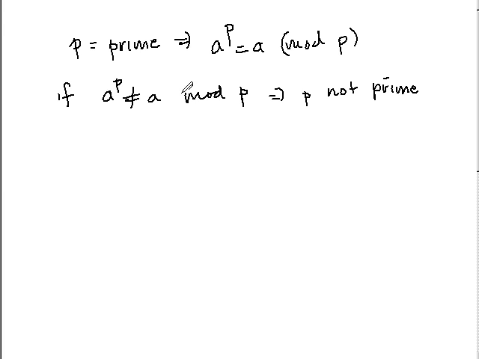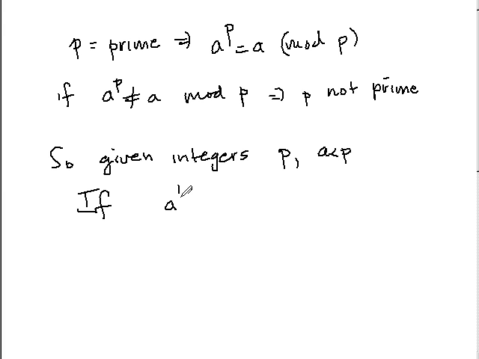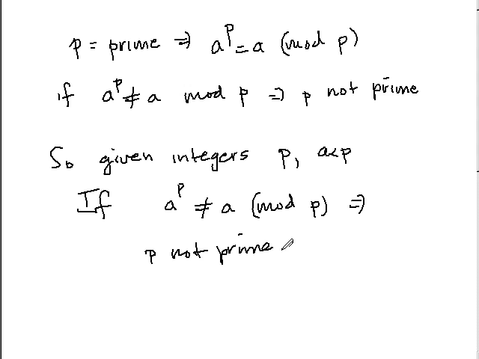So given integers p and a less than p, if you take a to the p power and you divide it by p, and it's not equal to a as a remainder, this implies p is not prime.